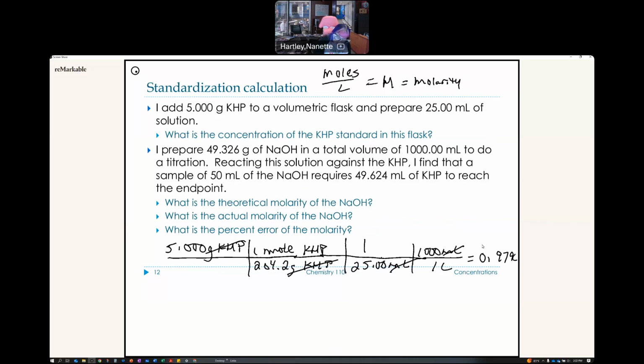And I have that as 4 sig figs because this number right here has 4 sig figs. This also has 4, although we don't use that to determine our number of sig figs. So both of the numbers I was given in my starting thing have 4 sig figs. So my answer should have 4 sig figs.